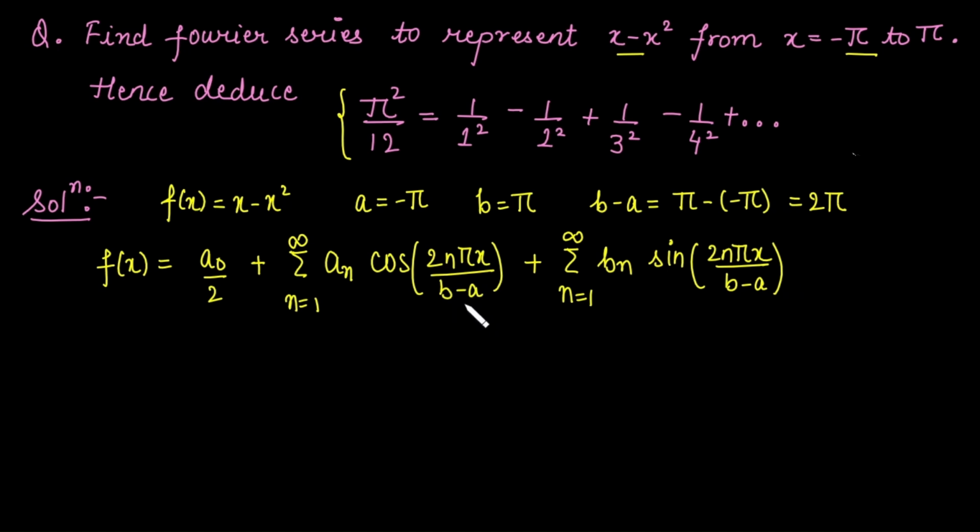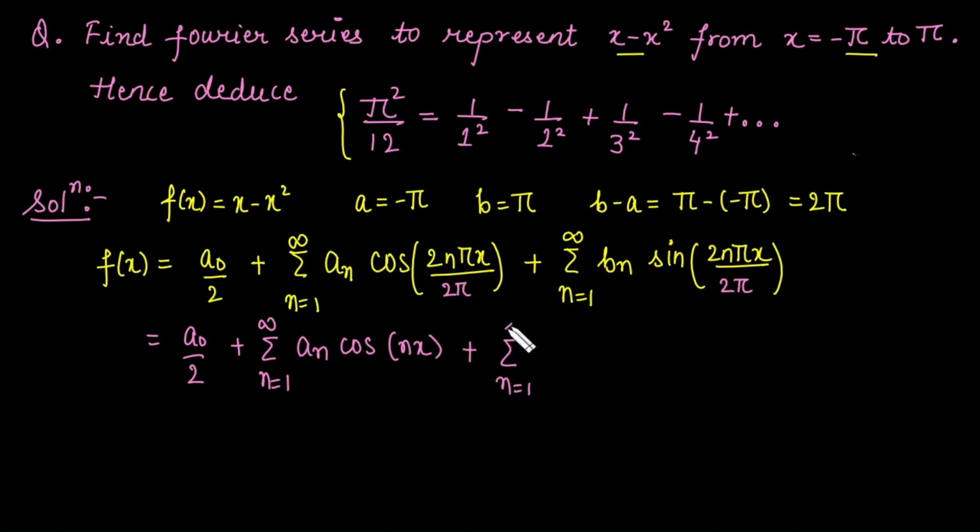Now the value of b minus a in this case is 2 pi, so we replace this quantity with 2 pi. Simplify this: we have a naught by 2 plus summation n from 1 to infinity an cos of n x, plus summation n from 1 to infinity bn, and here 2 gets cancelled with 2 and pi with pi, so we have sine n x.